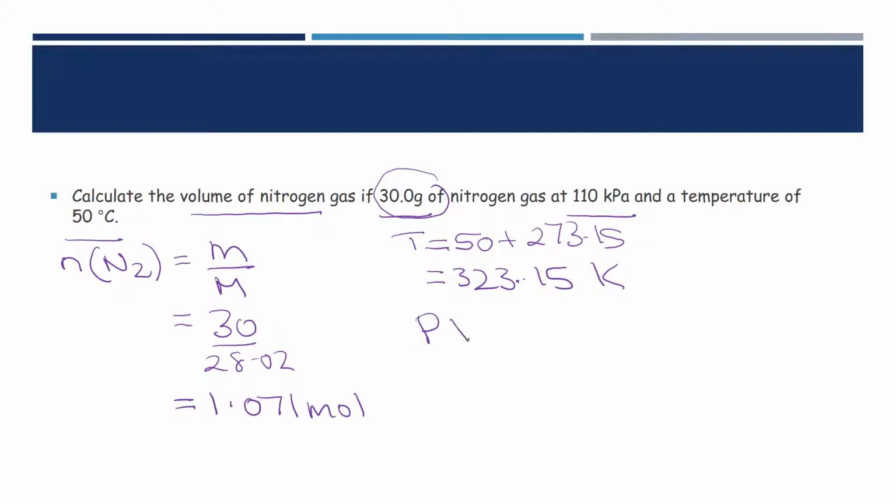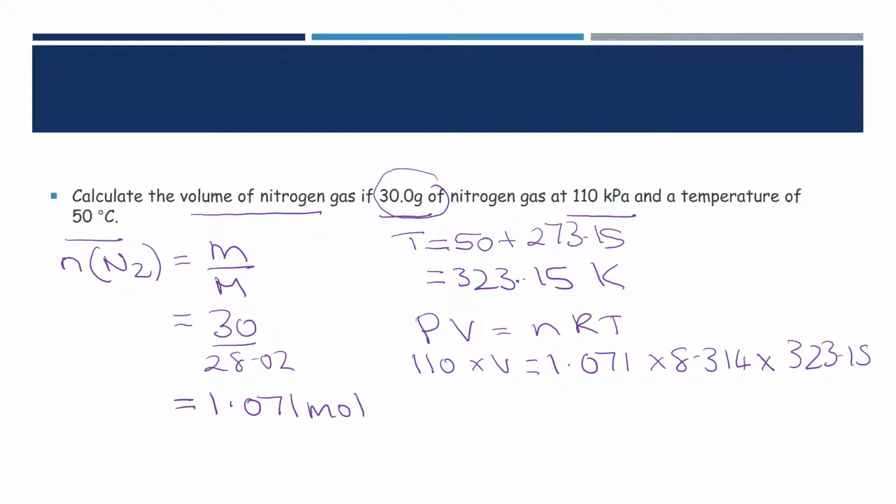Substituting into PV equals nRT, we know the pressure is 110 times the volume equals 1.071 times 8.314 times 323.15.